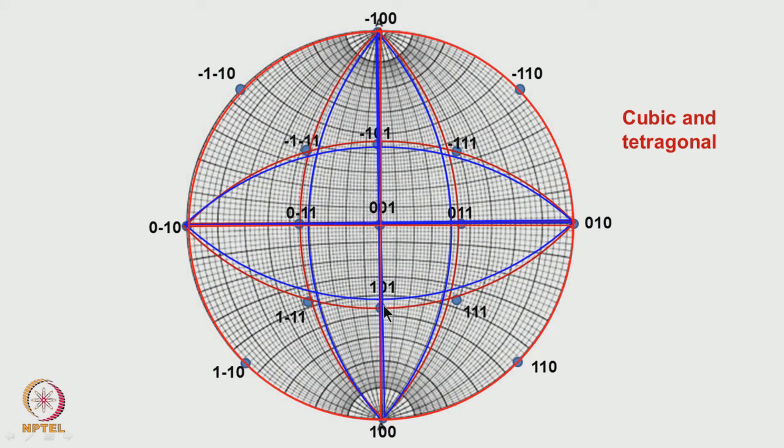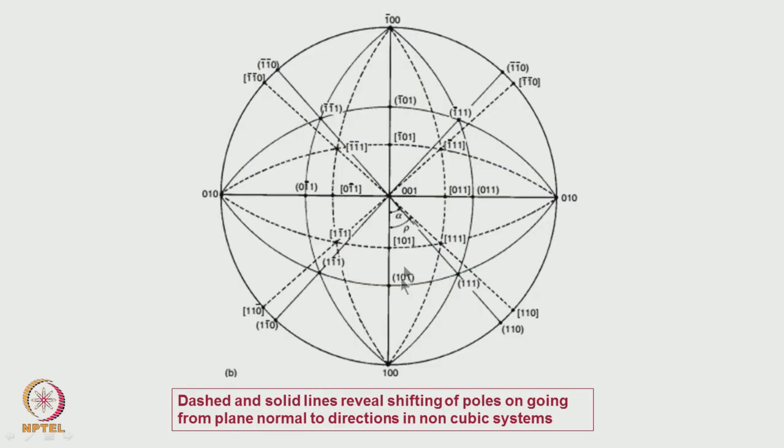In the diffraction pattern, if from this particular point we draw a great circle at 90 degrees, those are all the ones on which the diffraction points will come. But what is important is that this particular pole is a plane normal, whereas the 101 direction in a crystal will appear at some other point. That is what is shown in the next view graph.